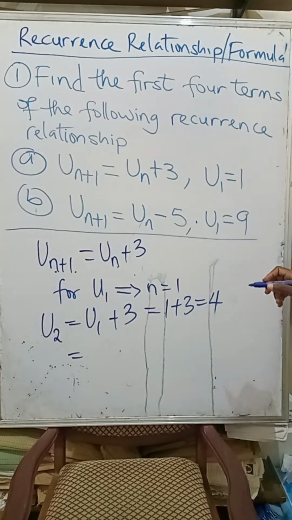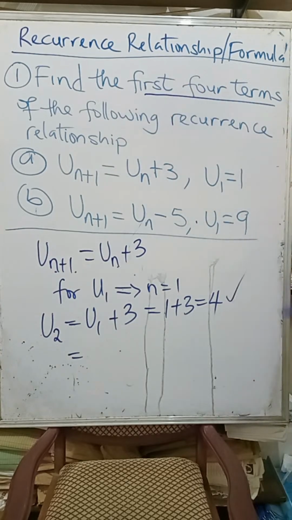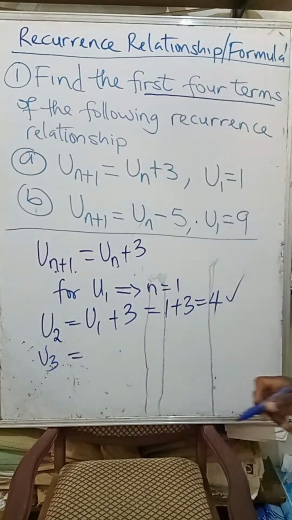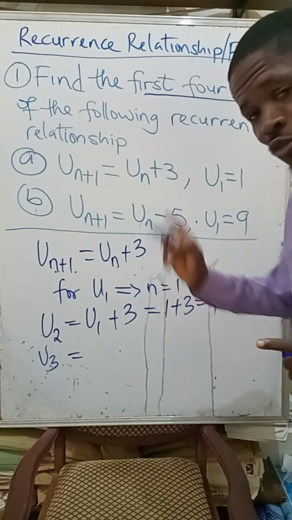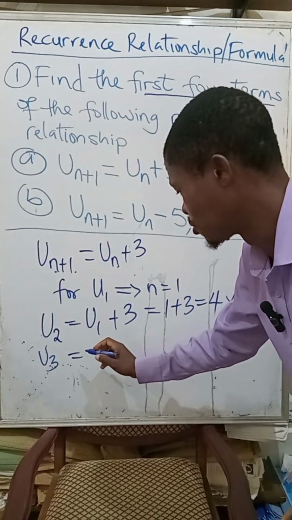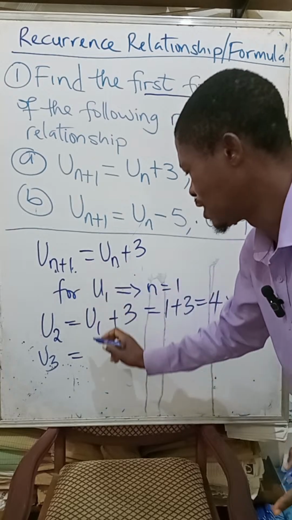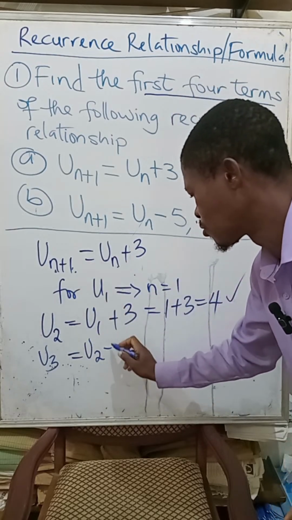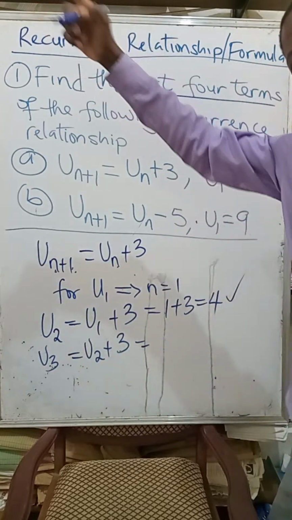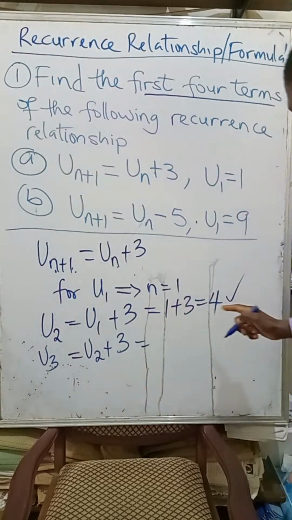We're told to find the first 4 terms. We've gotten 1 and 4. Let's go on. The next one, U3. For U subscript 3, n is 2. That will be 2 plus 1, and that will be U2 plus 3. Your U2 is a previously calculated value, which is 4.